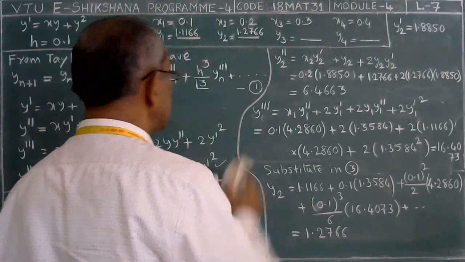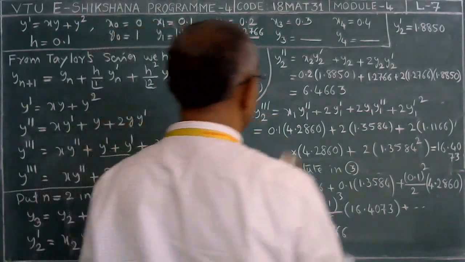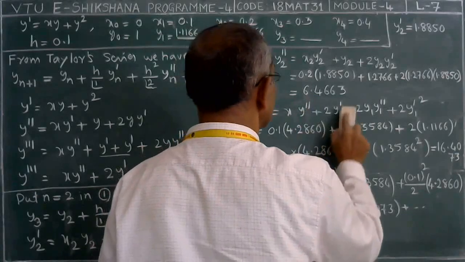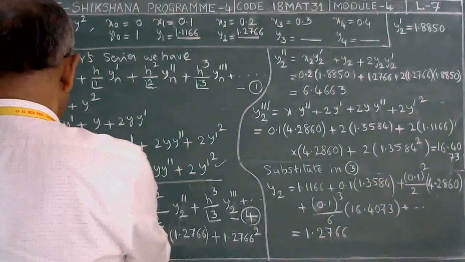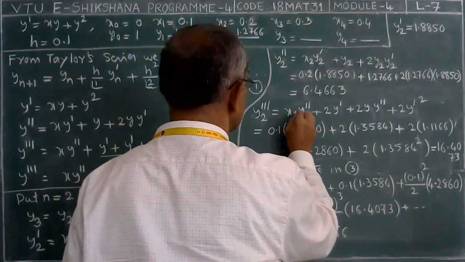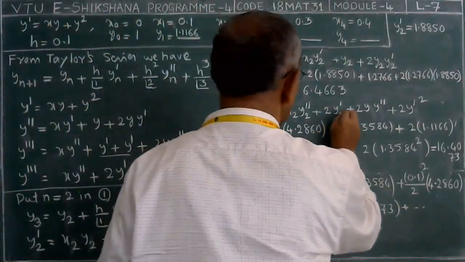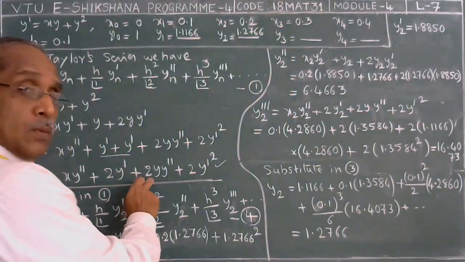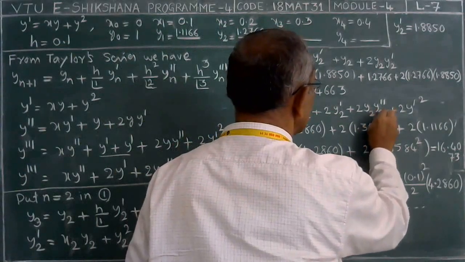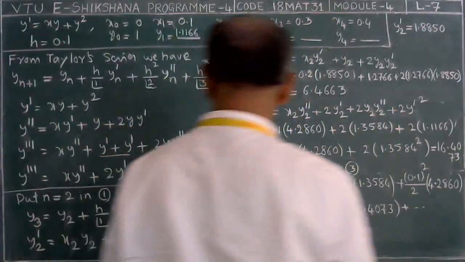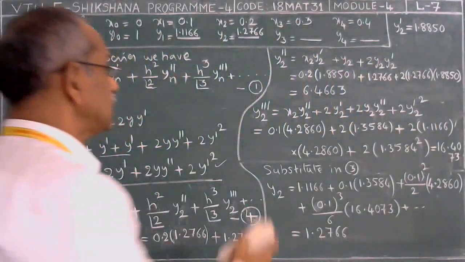Okay. Now y2 triple dash. y2 triple dash will be x2 y2 double dash plus 2 y2 dash plus 2 y2 double dash plus y2 double dash plus 2 y2 dash square. Now let us substitute the values.